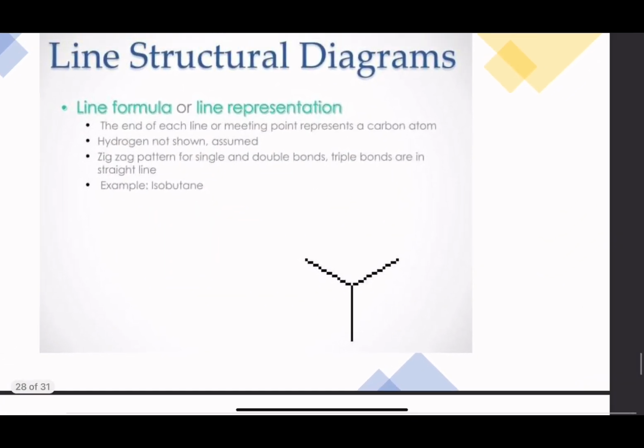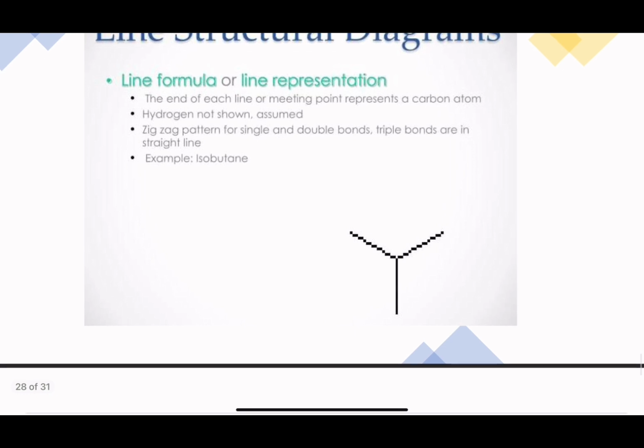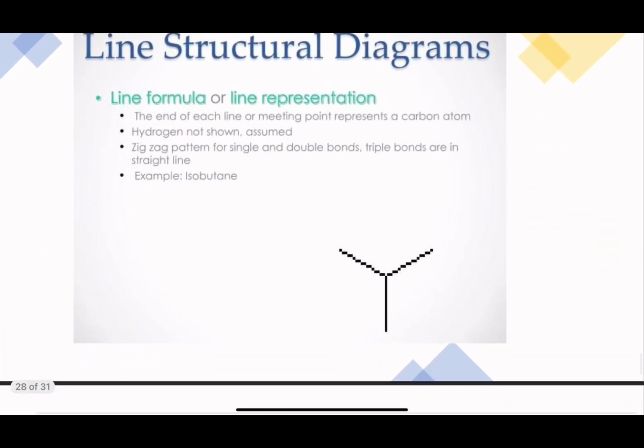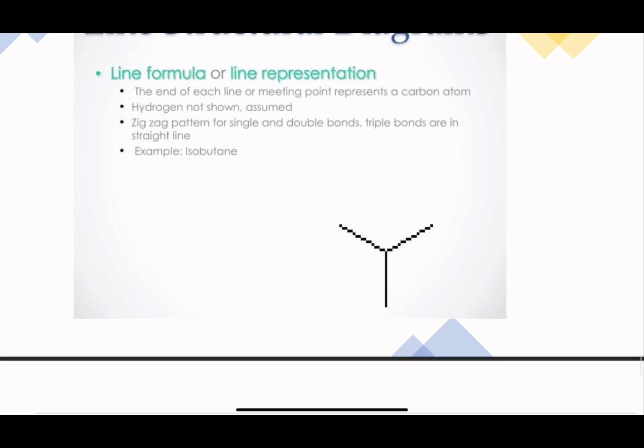Now the line structure. A lot of you guys are struggling with transitioning from the condensed to the line diagram. So the condensed form was like this, right? So this is my condensed form. In a line diagram, I do not draw carbon or hydrogen. So no carbon, no hydrogen.